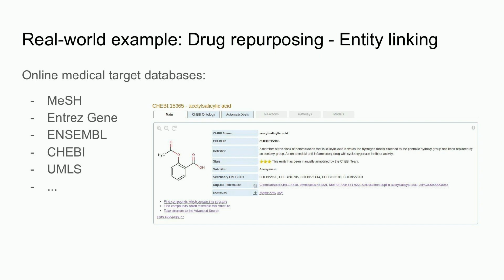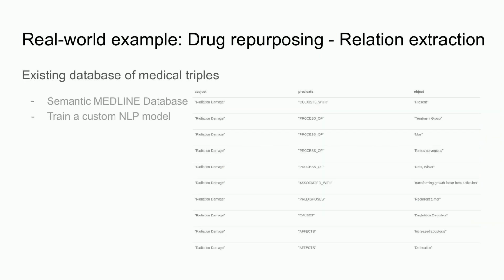So once you have your biomedical concepts extracted, now what you need to do is extract relationships between those entities, and this is a big problem, and almost no existing training datasets are available.